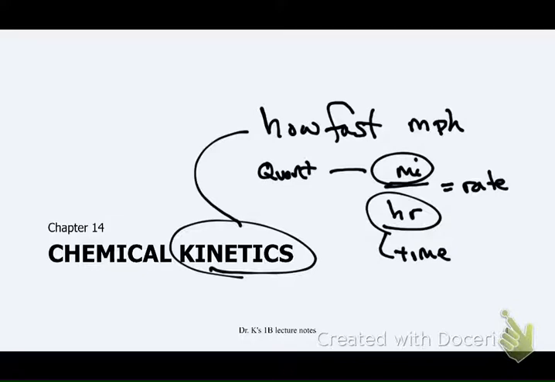It could be liters of gas. What's the M word? Moles or molarity. There's a lot of M words. Mass, right? Any of those M words, those are all quantities. So when we want to know how fast something goes, we just say this is how much quantity over a unit of time. So that's the way we do that, okay?